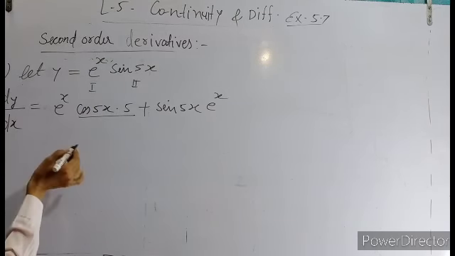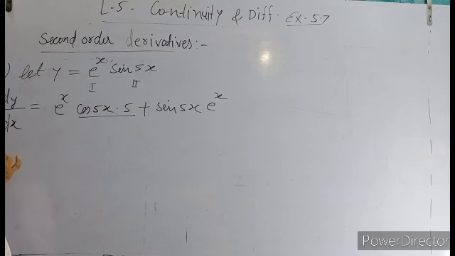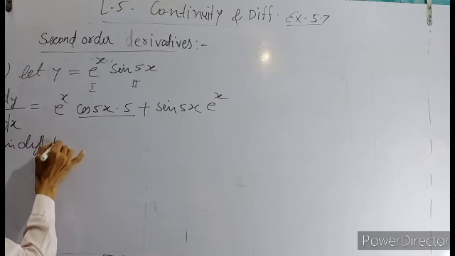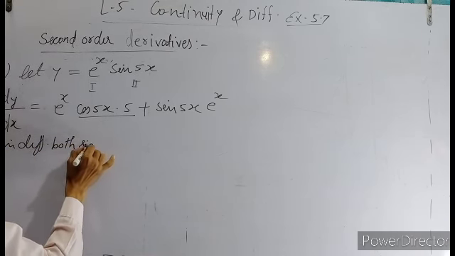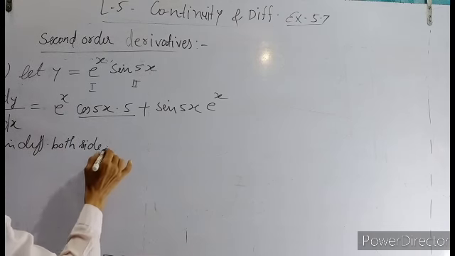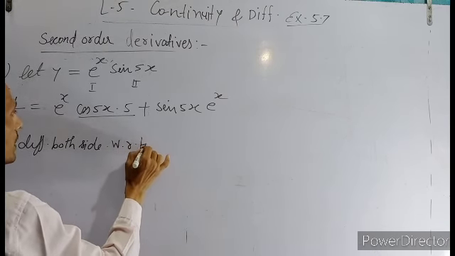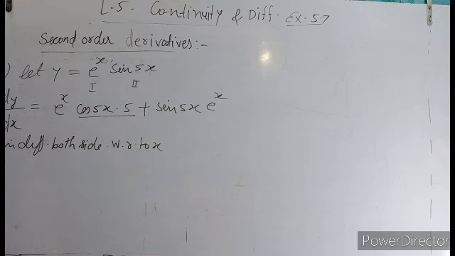Okay, again differentiation the second time. Again differentiate both sides with respect to x. So that is d square y upon dx square, u into v. That is a constant, 5 will come outside.